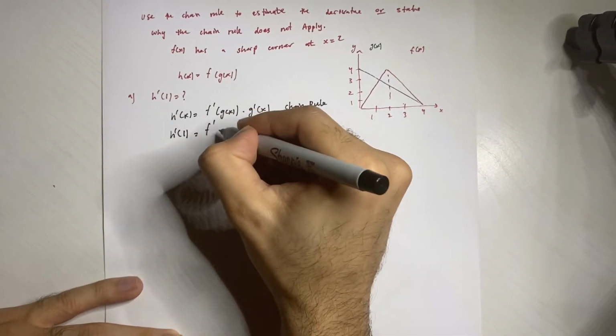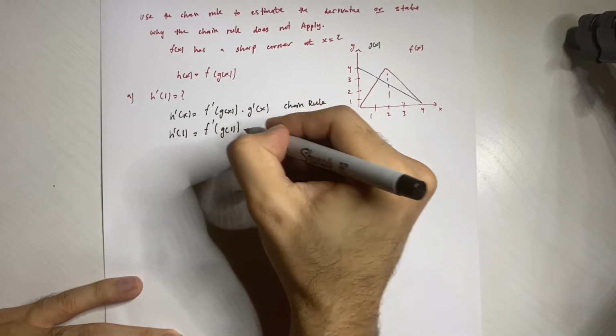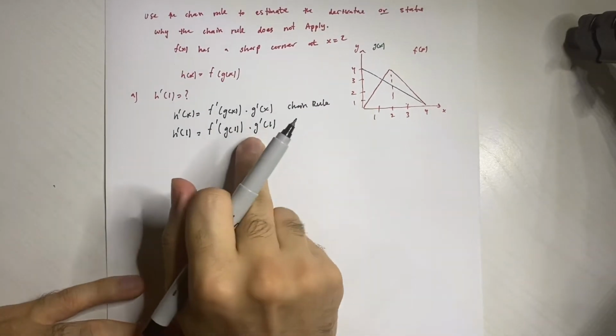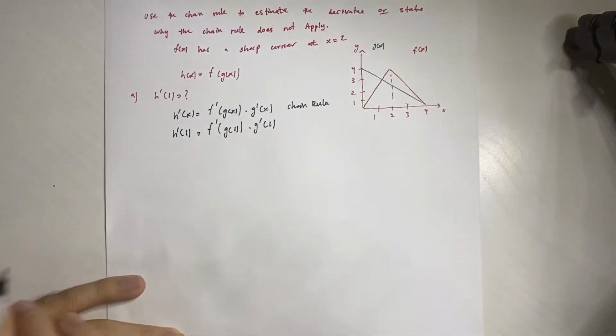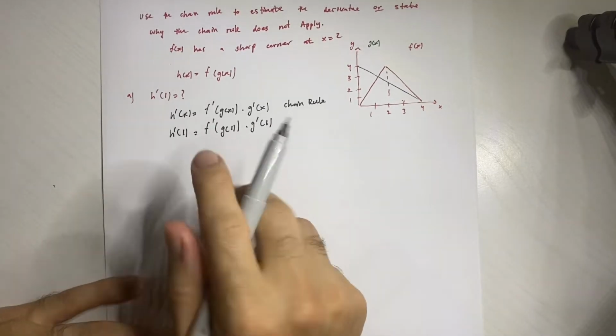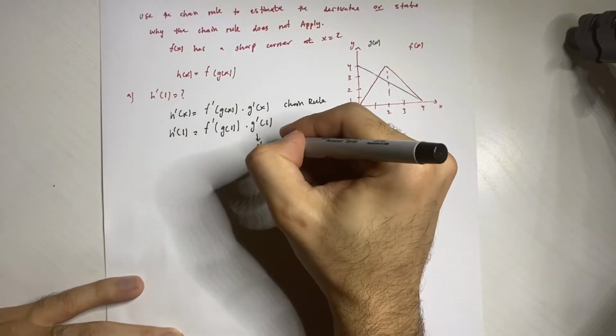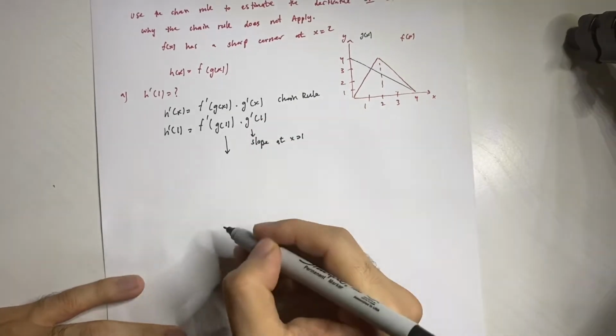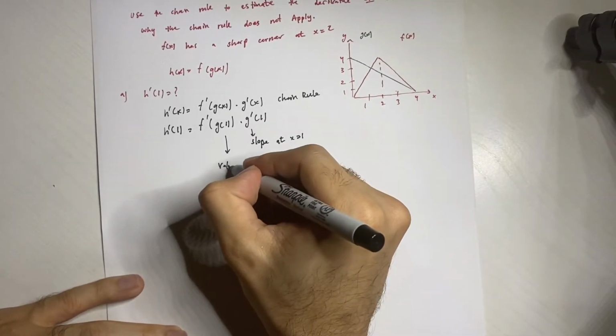So we just apply the chain rule since this is a composite function, and then we want to evaluate the chain rule at the given point, which is x equal to 1. So first we have to find g prime. What is g prime? G prime basically is the slope of the function g at x equal to 1.